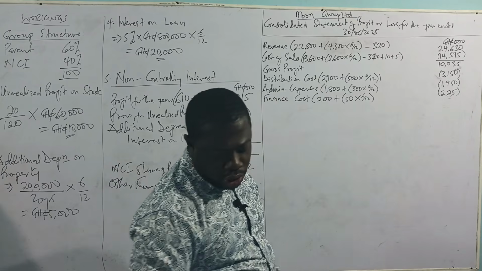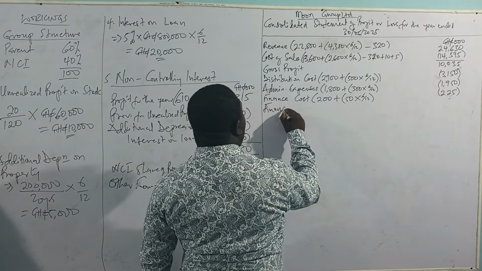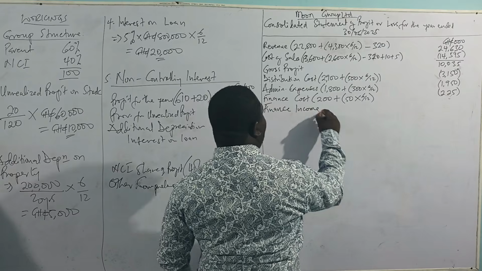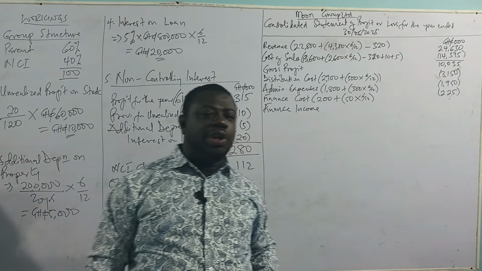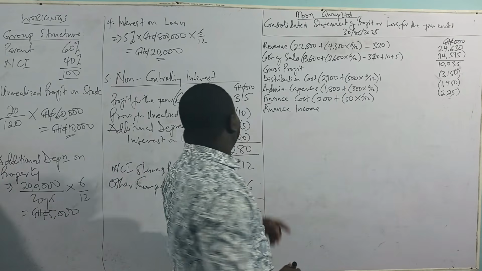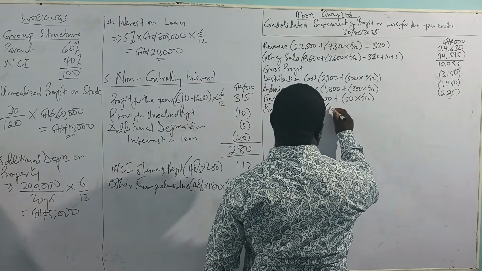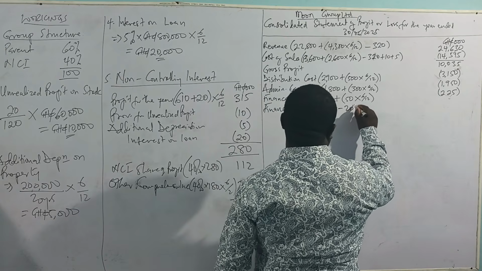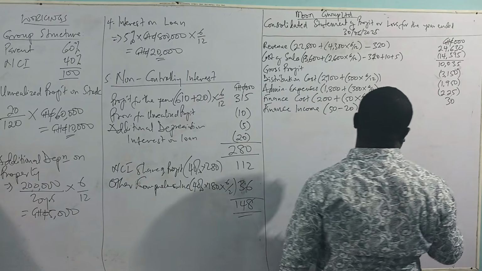And then we continue with finance income. Now, remember that for finance income, the subsidiary had no finance income. The only finance income here is 50 for the parent, right? And we are also told we need to cancel it out with the same intra-group loan interest of 20. So you can simply indicate 50 minus 20, and that is going to be 30 for the finance income.